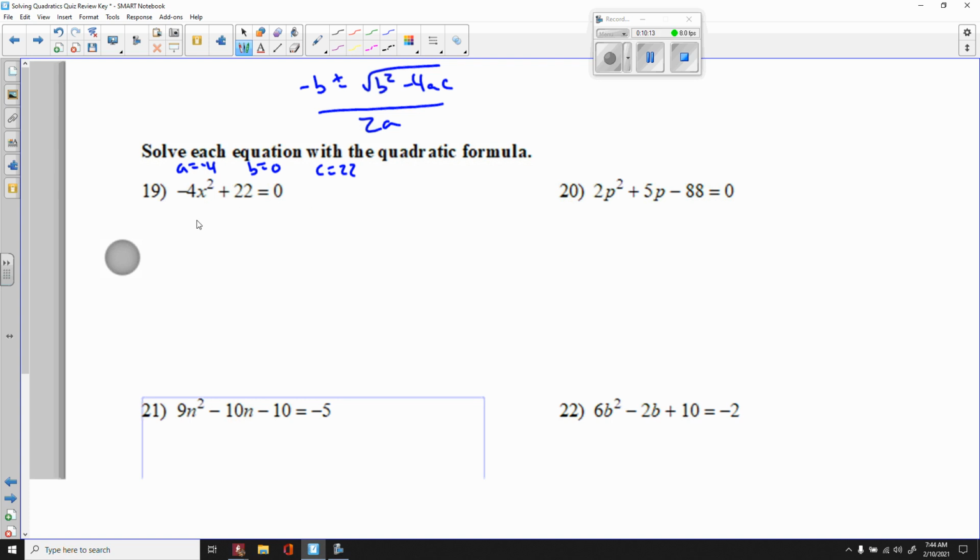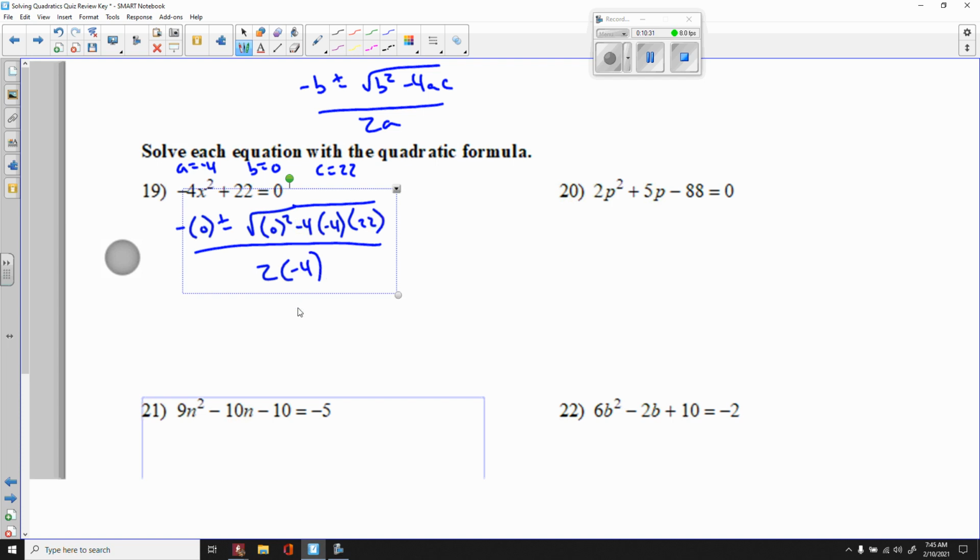I'm going to plug these values in. Negative 0 plus or minus the square root of 0 squared minus 4ac, all over 2a.